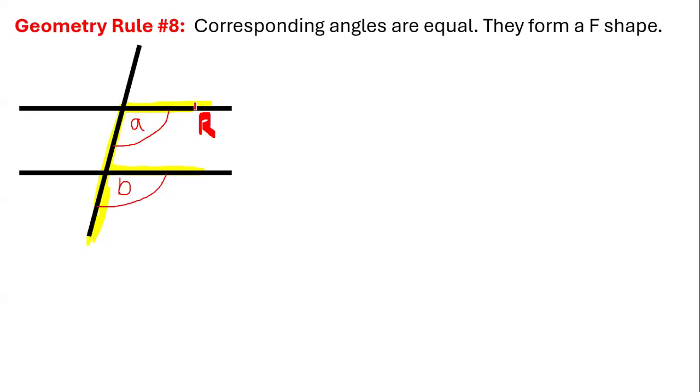Below. A is below this horizontal line, and A is to the right of the transversal. So we could say that A is at the bottom right. So if A is at the bottom right, you have to find one that's also at the bottom right.